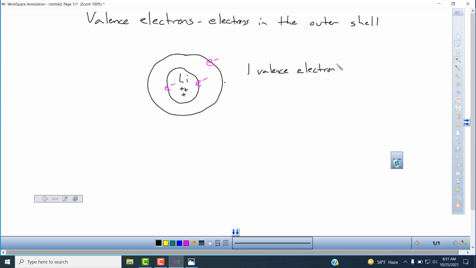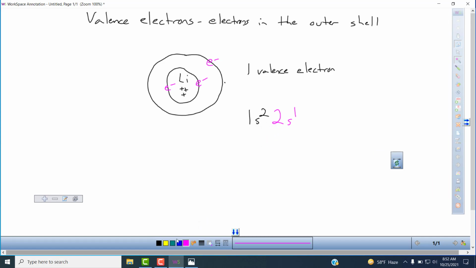Most of the time when we're talking about electrons, we're only going to talk about the valence electrons because the rest of them don't do anything. So now that we know that they're there, we can kind of ignore them. Now, if you have an electron configuration, remember that you don't have to be able to write it on your own.